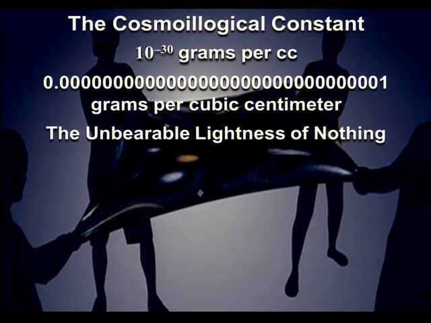How can we get 10 to the minus 30 grams per cubic centimeter for the mass density, the energy density of space? How do we understand the unbearable lightness of nothing?